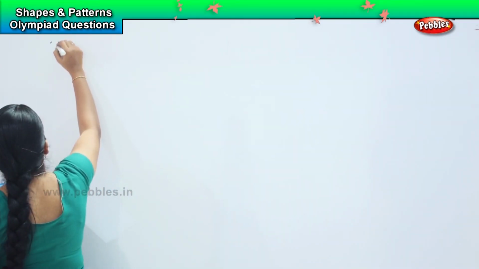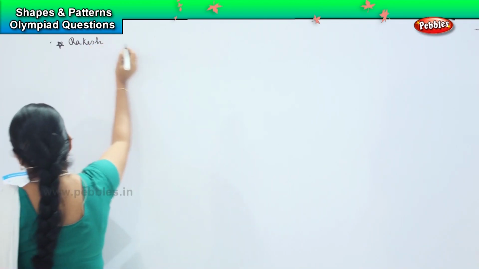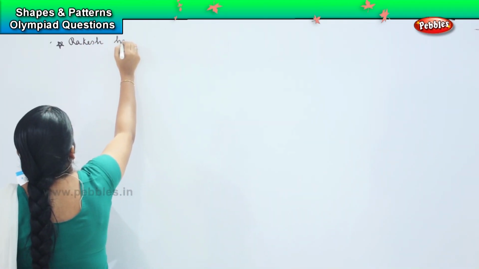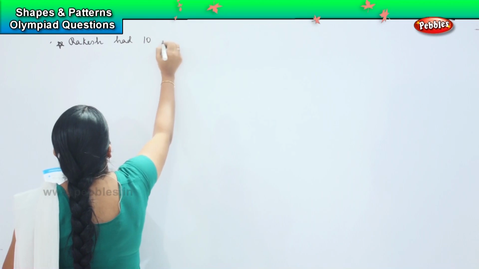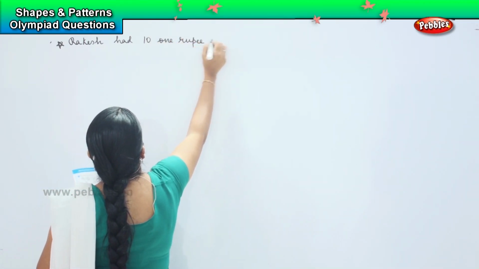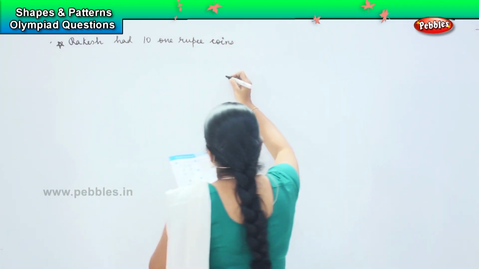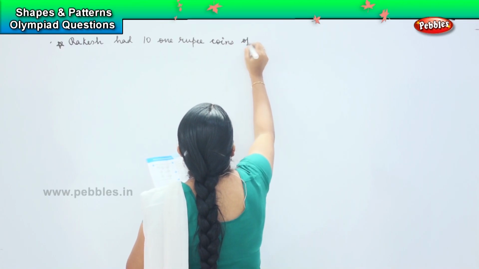The next sum for you is: Rakesh had 10 1 rupee coins of similar kind.